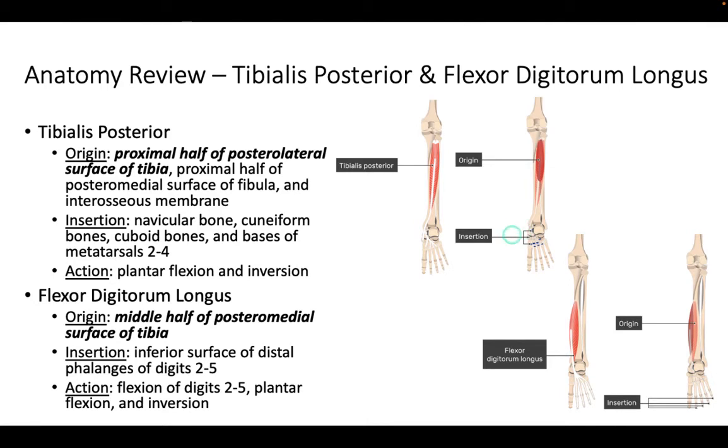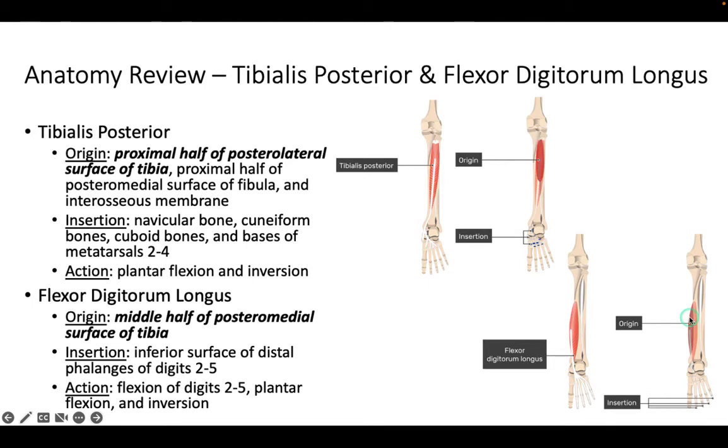Insertion, a whole bunch of insertions, but just focus on how the insertion of the tendon is posterior and medial, so you get plantar flexion and inversion. The flexor digitorum longus, if any muscle were to cause this pain, is the closest one to that actual site of pain. You can see the origin is the middle half of the posterior medial surface of the tibia.